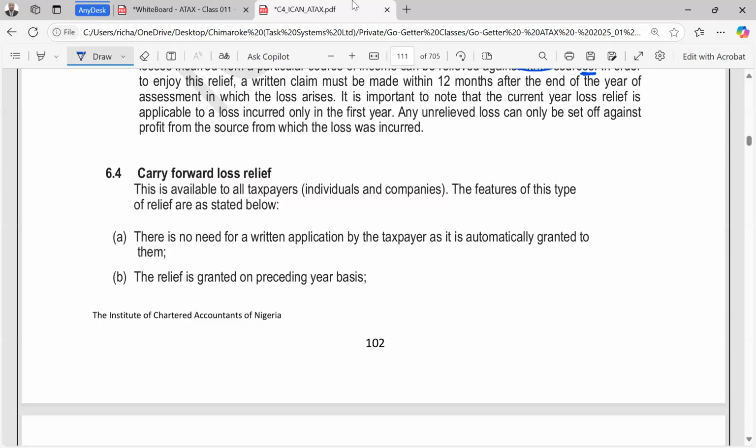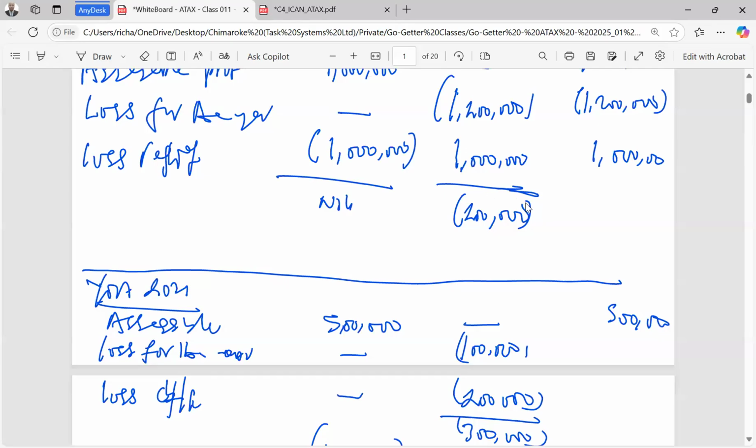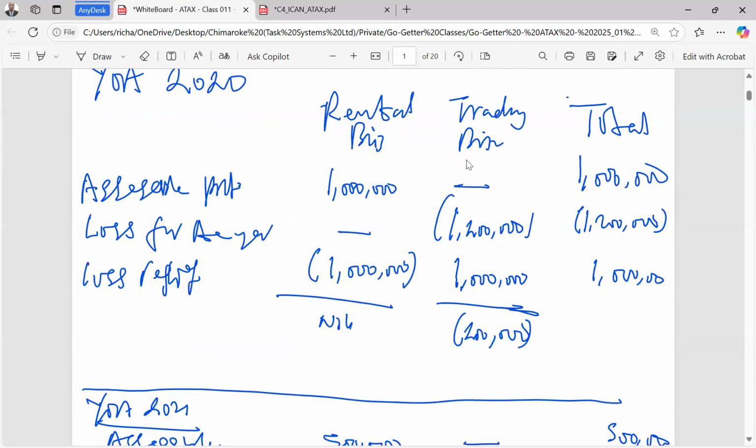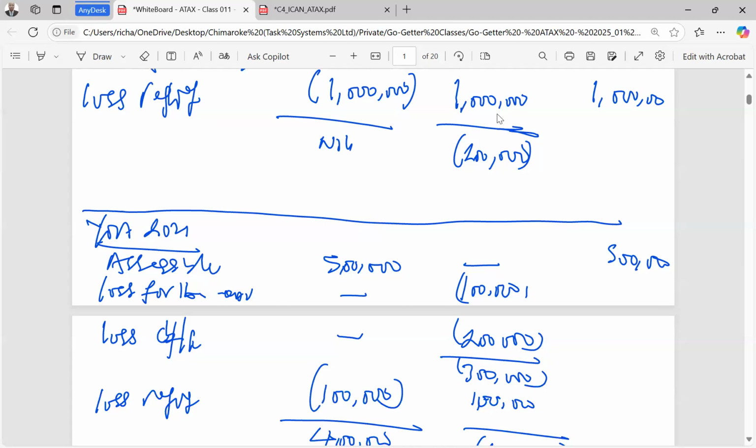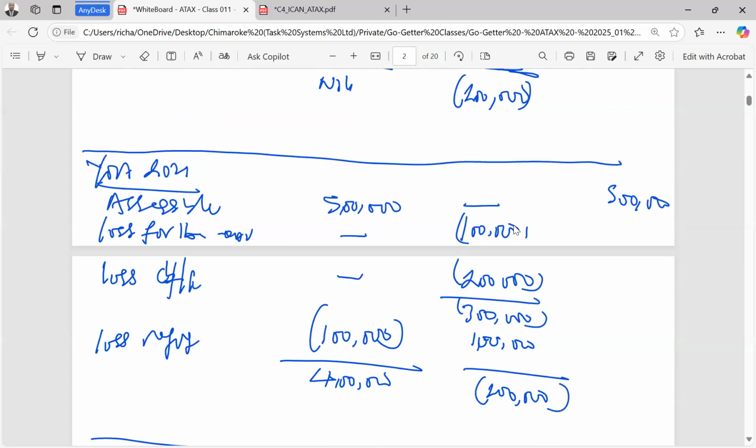Going back to this example we did before, an individual had written that they would take this 1,200,000 loss to relieve from 1 million, and it remains 200. This 200, you cannot be writing again for it because you have written before. Now, when you get to this year, you made a loss of 100,000. It is only this 100,000 you're going to be writing for, not 300 for the total loss.